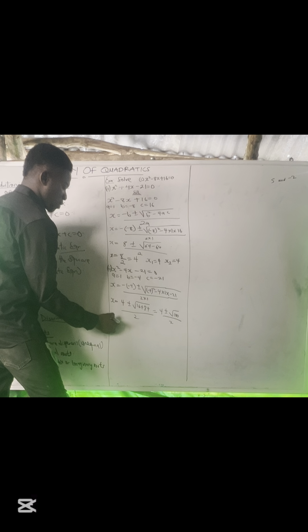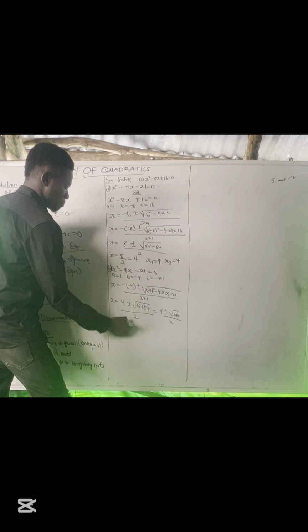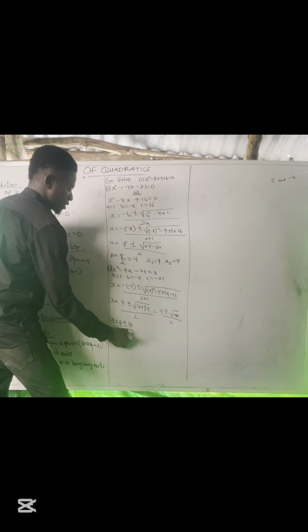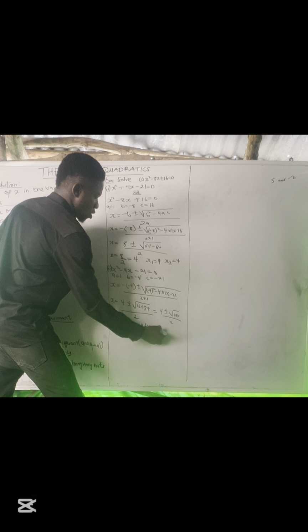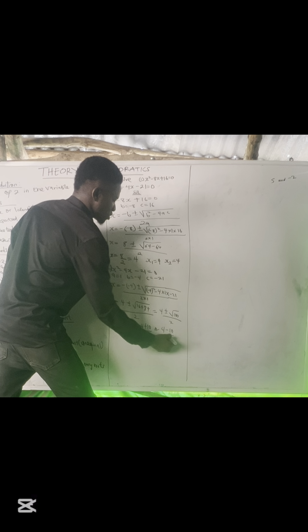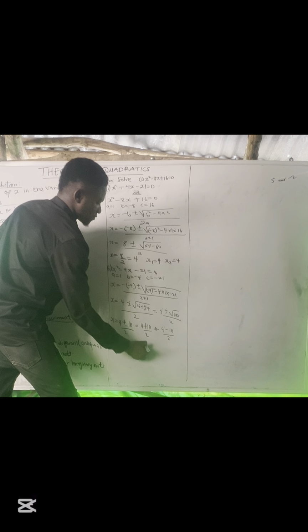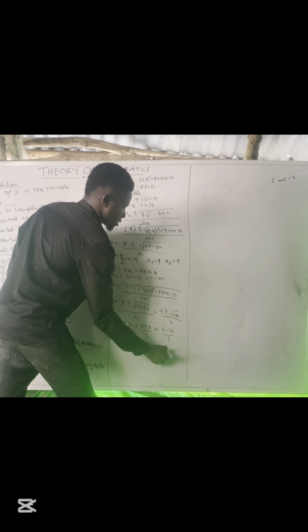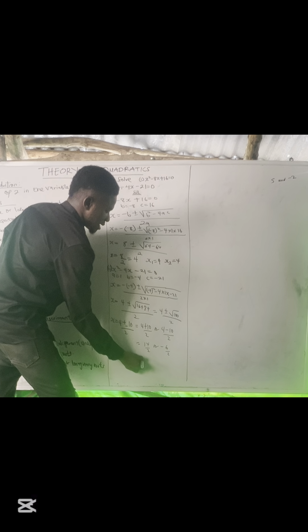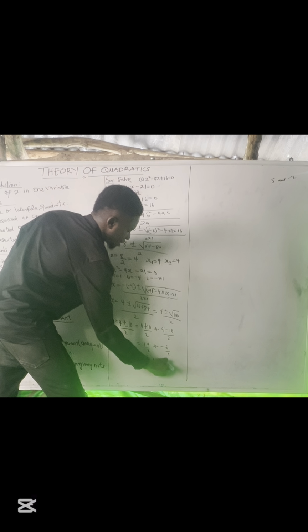So our x is equal to 4 plus or minus 10 over 2. This equals 4 plus 10 over 2, or 4 minus 10 over 2. 4 plus 10 is 14 over 2, or minus 6 over 2. And this equals 7 or minus 3.